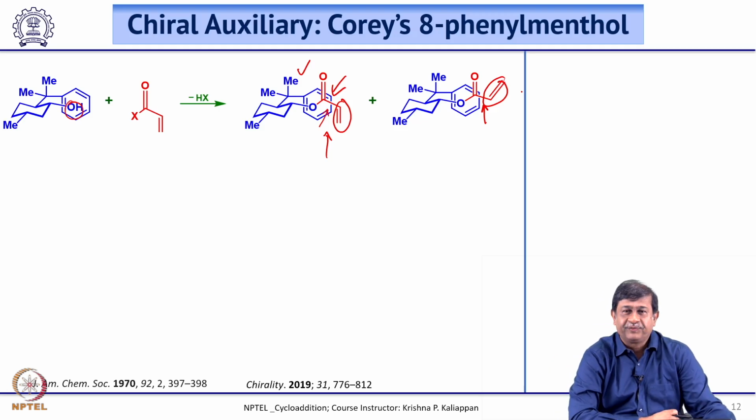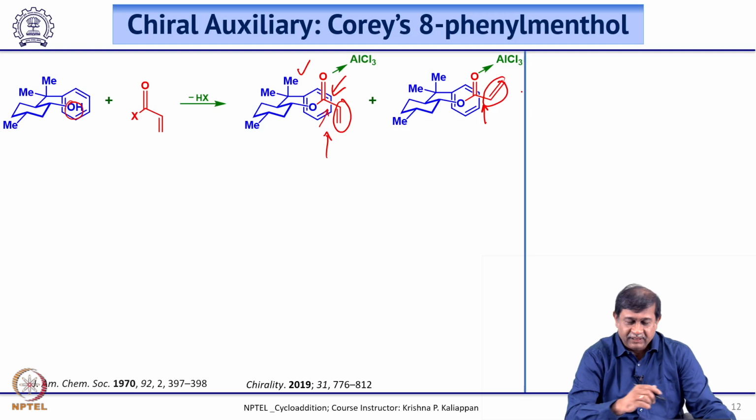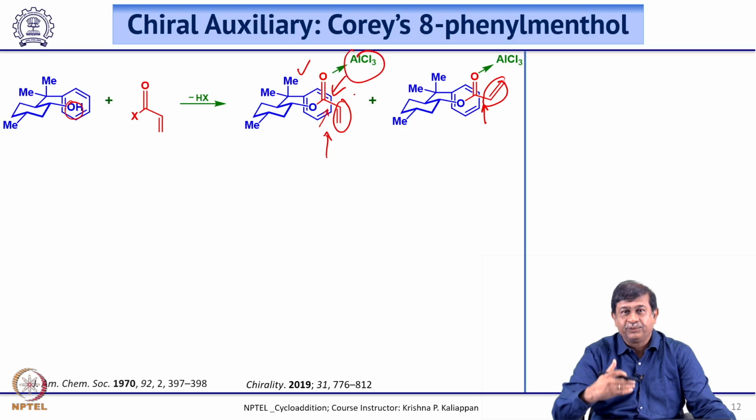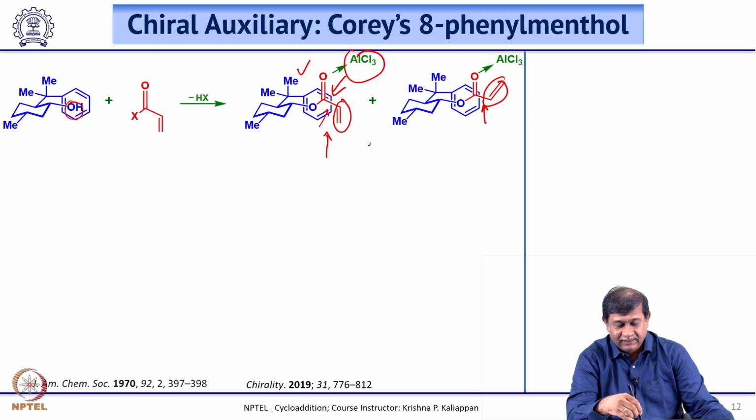So, how do you control this to be only in S-trans conformation? This is where you have to add a Lewis acid. When you add a Lewis acid, in this case aluminum chloride, because of this bulky aluminum chloride, this forces the double bond to go to the other side. From the cis, it comes to the trans. So now in the Diels-Alder reaction, the chiral auxiliary attached dienophile reacts only in this conformation.